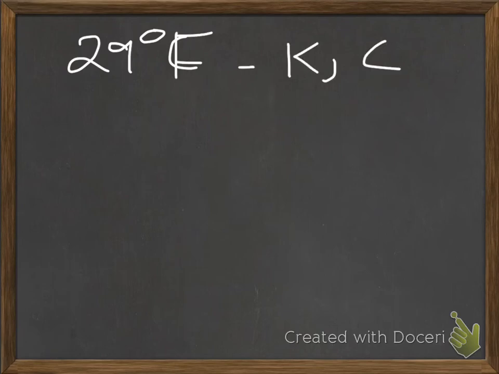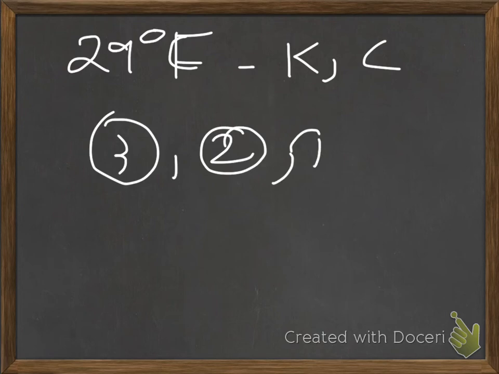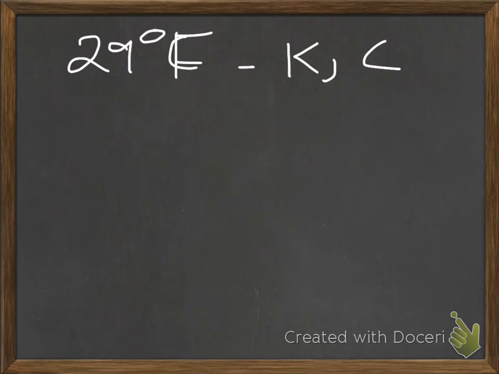The temperature of a certain place is 29 degrees Fahrenheit. Convert it into Kelvin and Celsius. The answer for this question is very easy. First, let's convert it into Celsius.